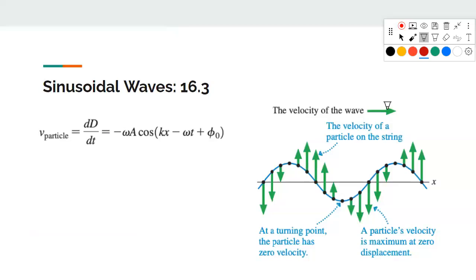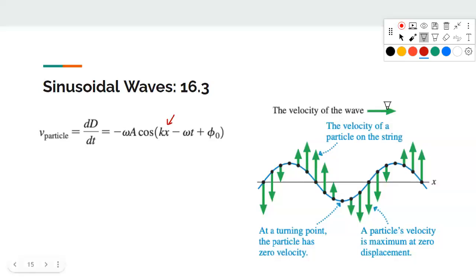If we take the derivative of the displacement, we get something very similar to what we got for simple harmonic motion, this negative omega A cosine and so on, that's telling you the vertical velocity of each particle at each moment in time. If I plug in some specific position, then I have a function of time that tells me, for that position, what is the velocity at each moment in the up and down direction.